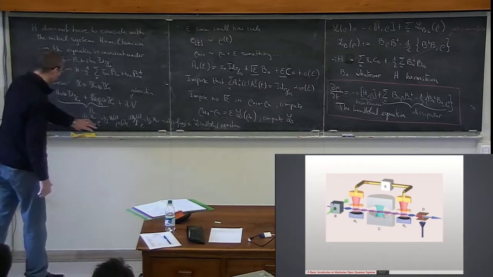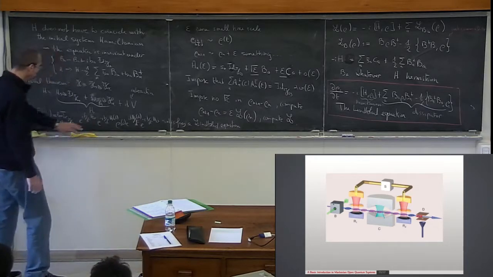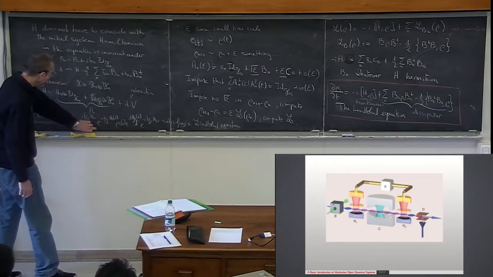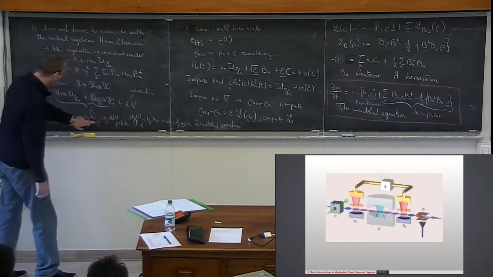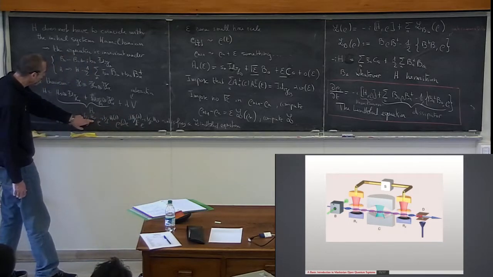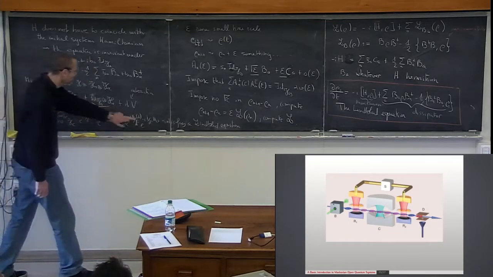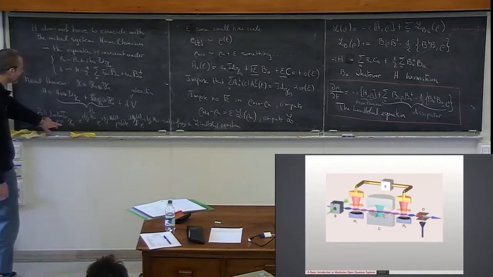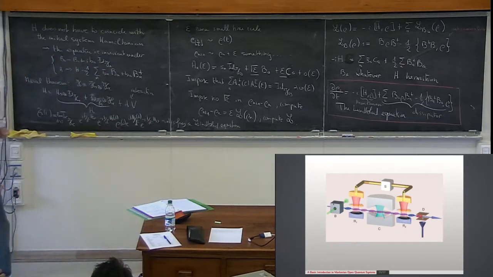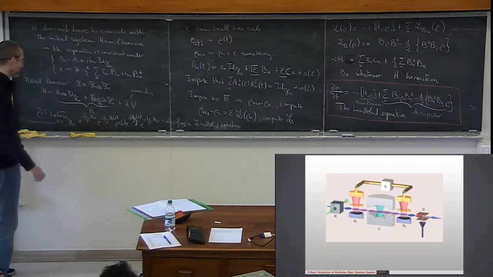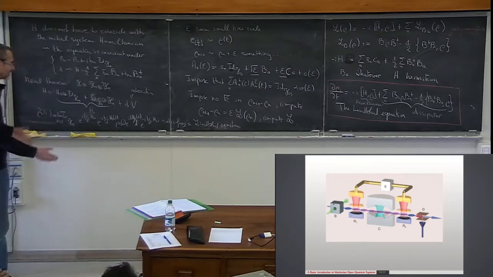So you would like to go to the interaction representation, which means that in fact you will let it evolve, but then you will remove the evolution that would be due only to the H0 that doesn't couple the two pieces, and then you let lambda go to 0, and then this guy is going to satisfy a Lindblad equation. This is the moral theorem that justifies the use of the Lindblad equation.